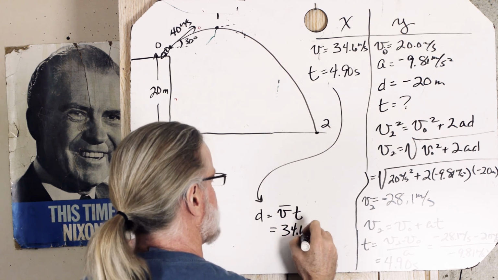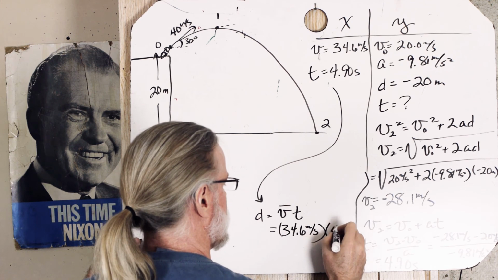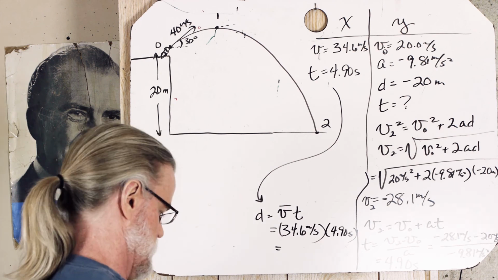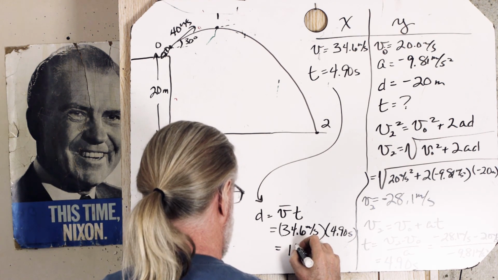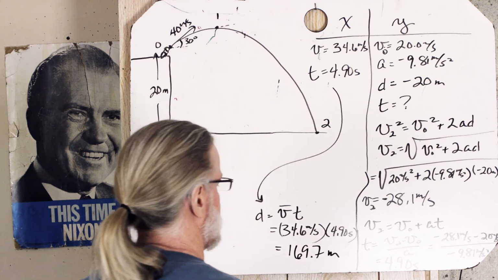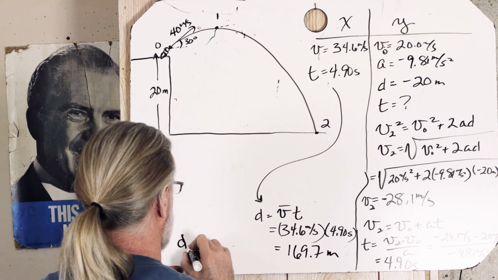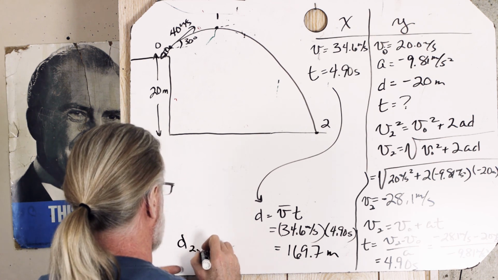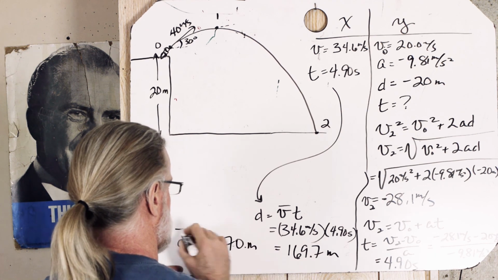So that's going to be 34.6 meters per second times 4.9 seconds equals 169.7 meters. And that's probably too many digits, so let's give an answer of, the displacement at 2 in the x direction is 170 meters.